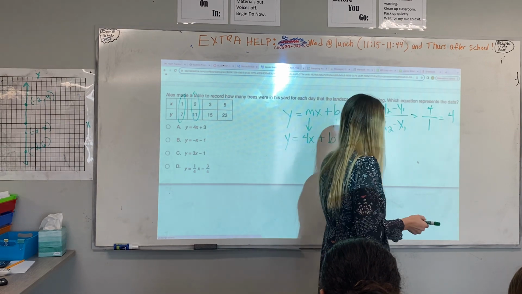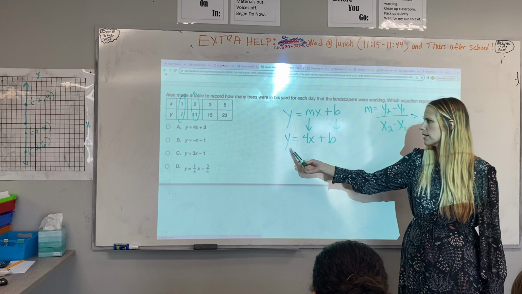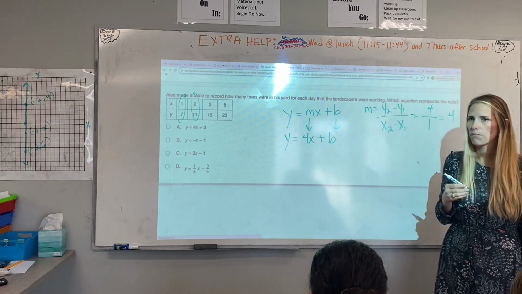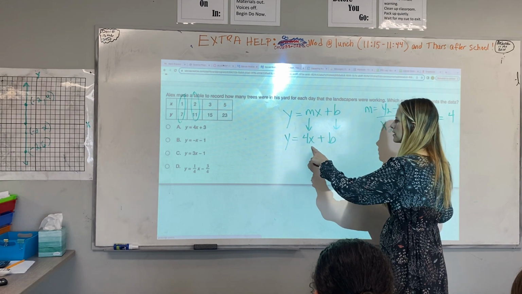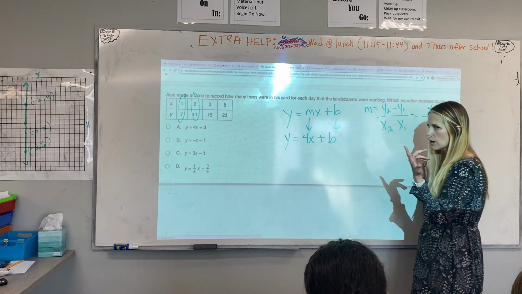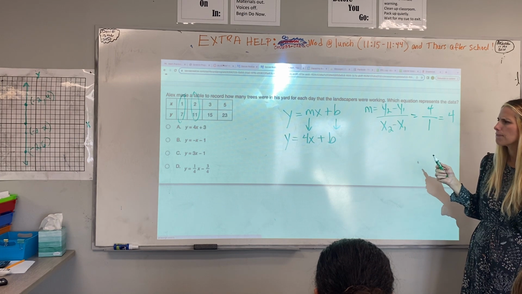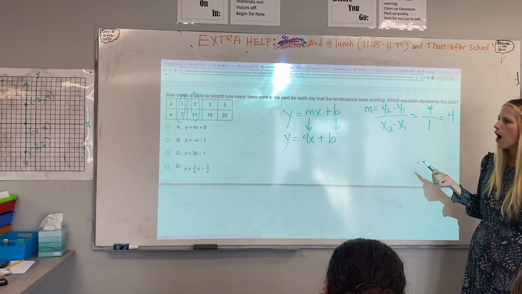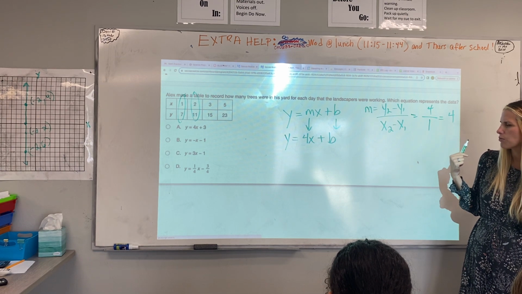The reason why I didn't say, well, what's b then, is because we need to rewrite this in order to solve for b. I have 3 variables, a y, an x, and a b. What am I trying to solve for? Does it automatically give us that answer though? Like, 'cause there's nothing else with 4x. Yes, it does automatically give us the answer with just our slope.